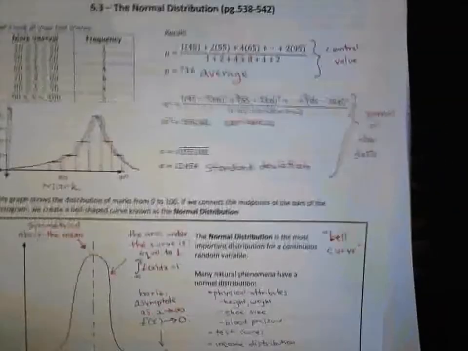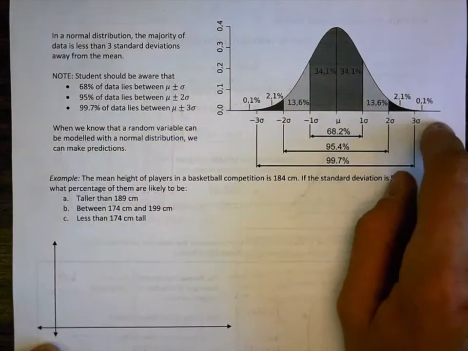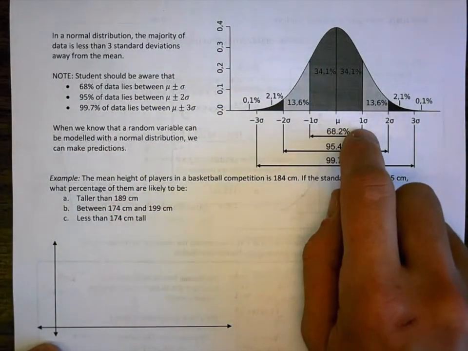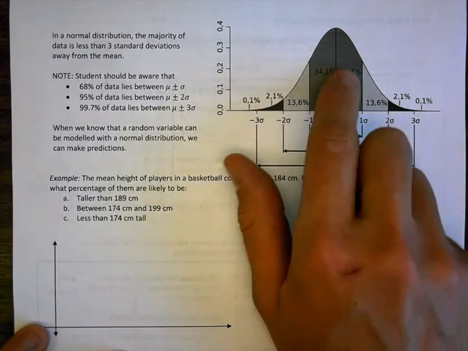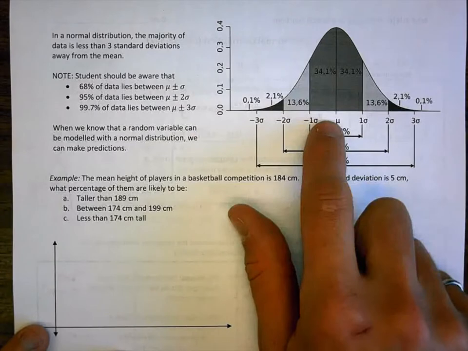Now, before we go on to actually solving some questions, we should talk a little bit more about this. The normal distribution, that curve, no matter what your mean and your standard deviation are, the area always ends up looking the same.